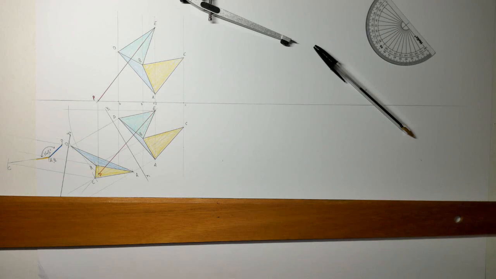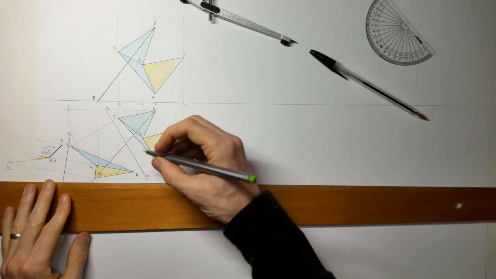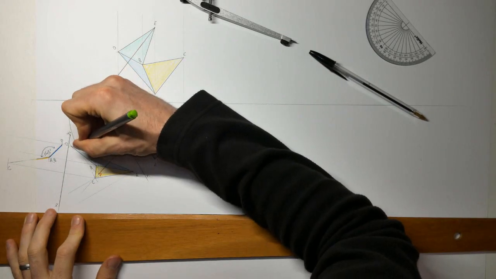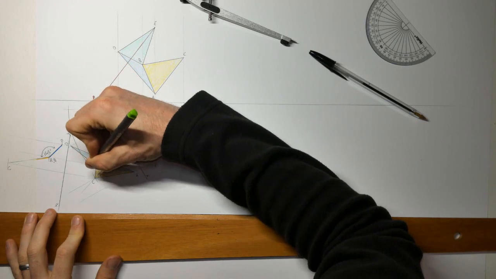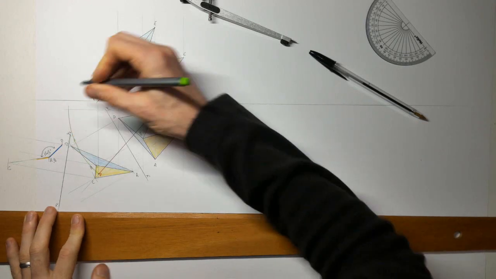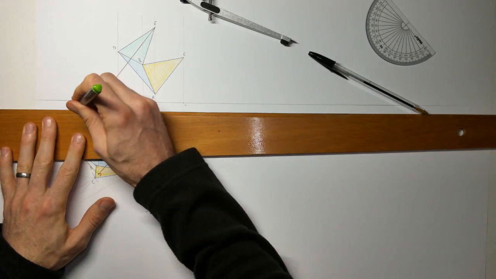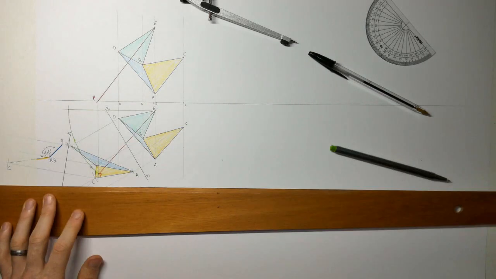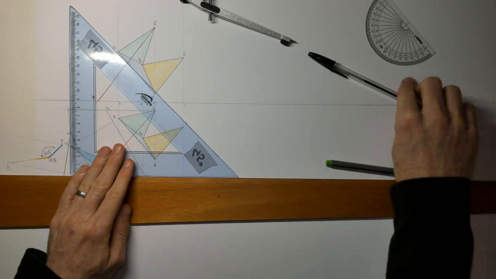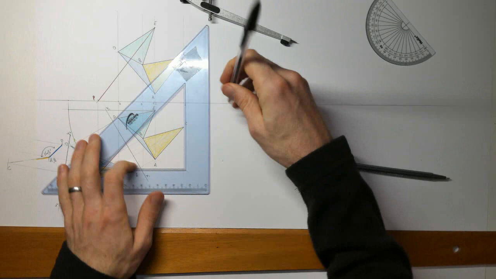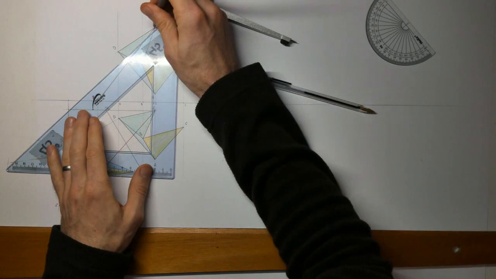So it's being rotated. And this is its new position, P. Let's project that up. So that's the new position of P. So let's draw in that line.